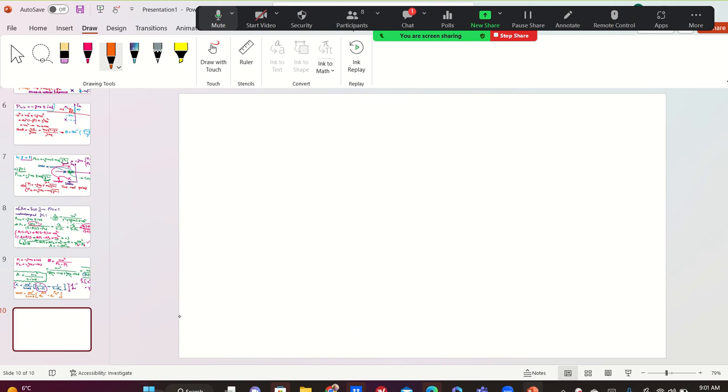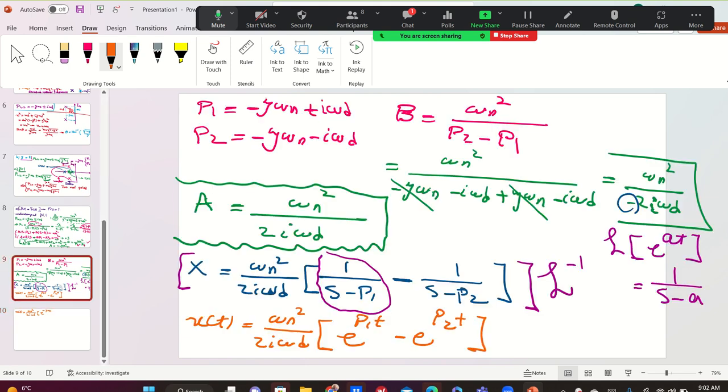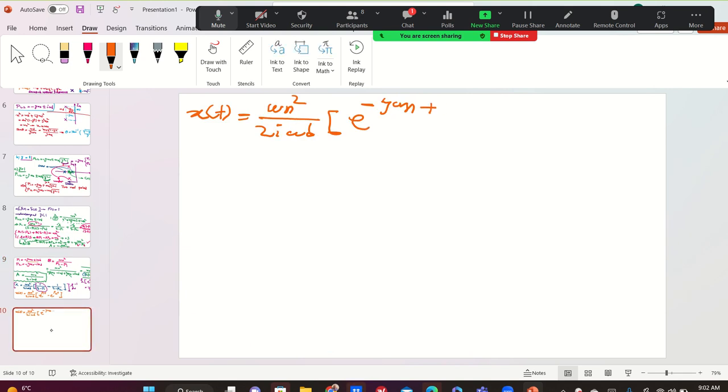Okay, so for the input of the impulse, x of t is going to be omega n square over 2i omega d times e to the minus zeta omega n, because your P1 was this, plus i omega d, in t, minus e to the minus zeta omega n, of P2, minus i omega d, in t. Here we go.